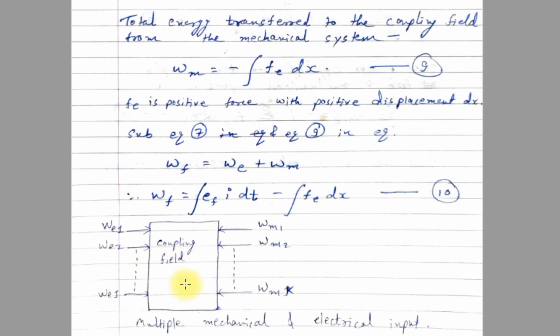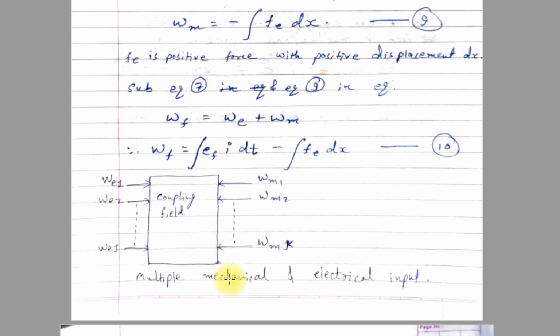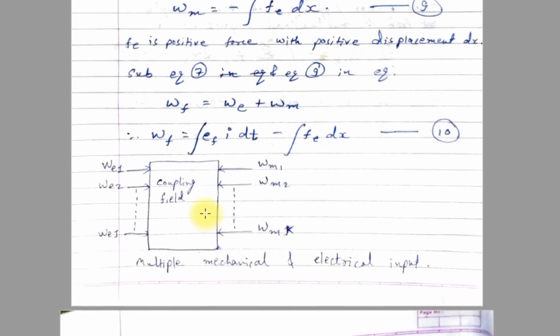So this is what it looks like. Since this is negative, all the mechanical forces towards the coupling field would be in this particular direction. So this is the multiple mechanical and electrical input system providing their inputs to the coupling field.